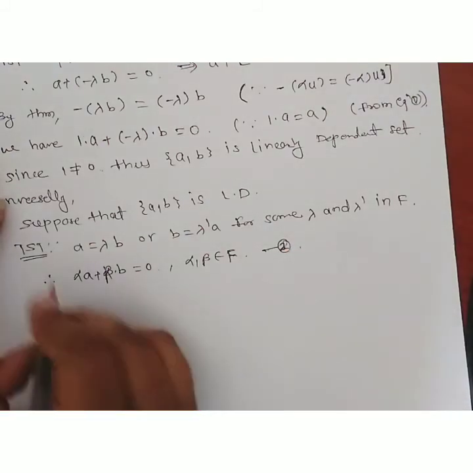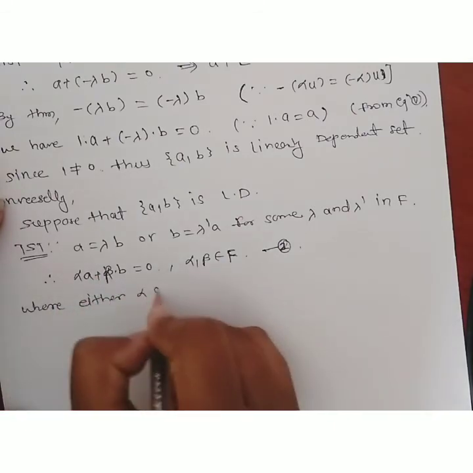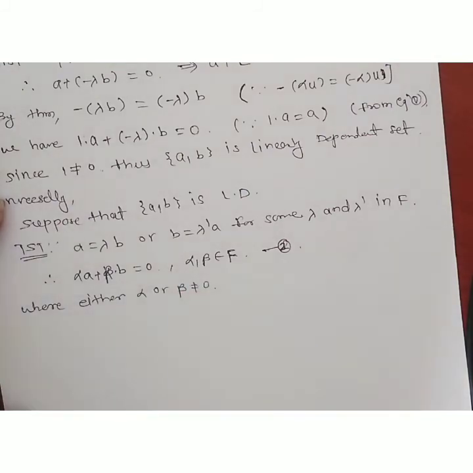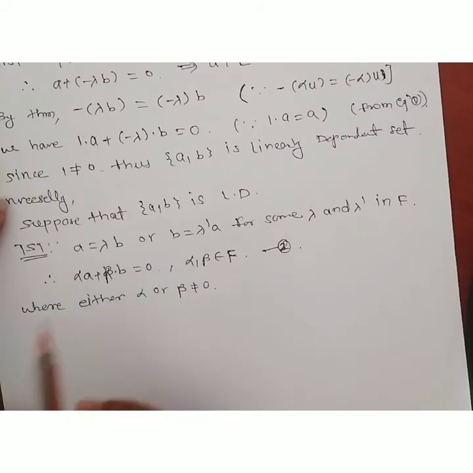Since this set is linearly dependent, either alpha or beta is non-zero. If this linear combination is equal to 0, then some alpha or beta is non-zero.